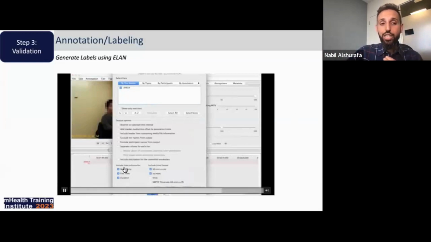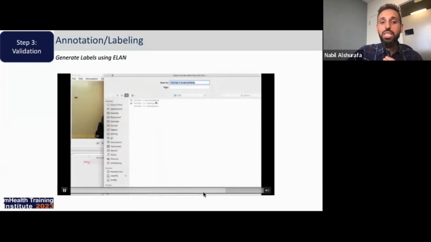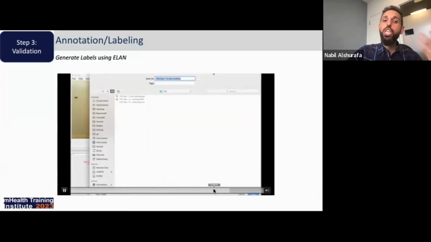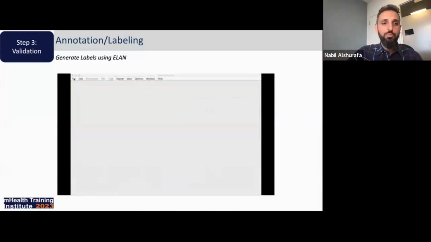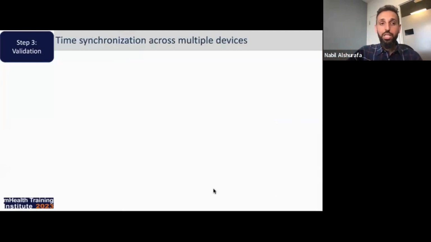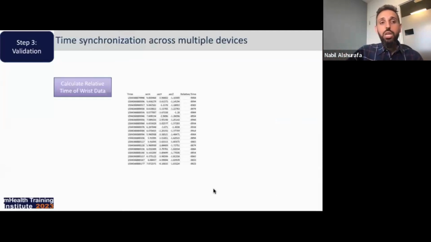What's nice about Elan is it allows you to spit out the start time, end time, as well as duration of these labels into a file that can then be used.